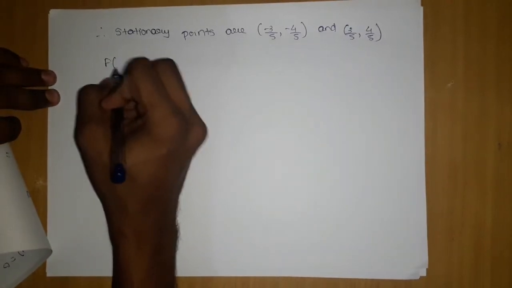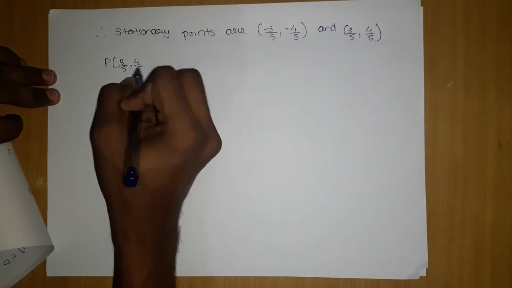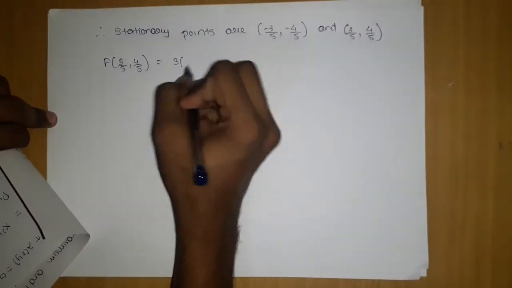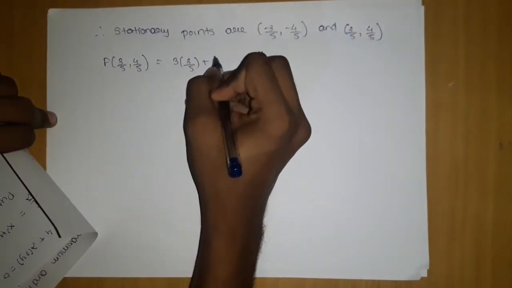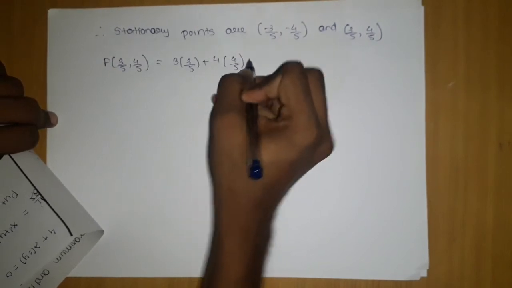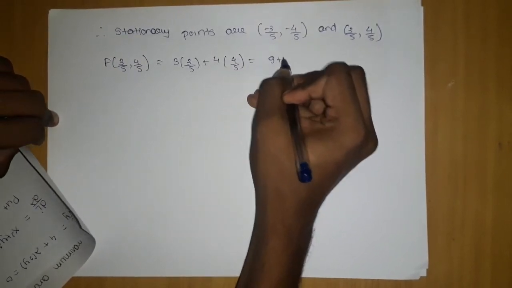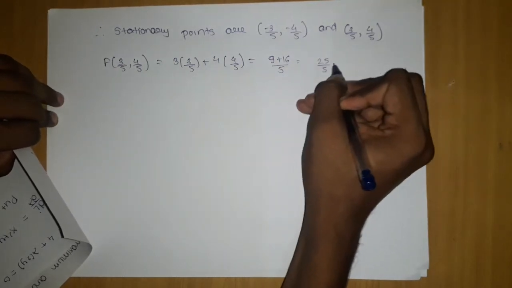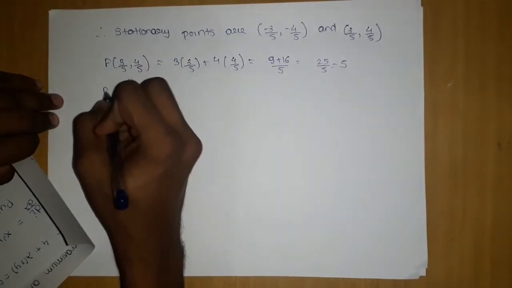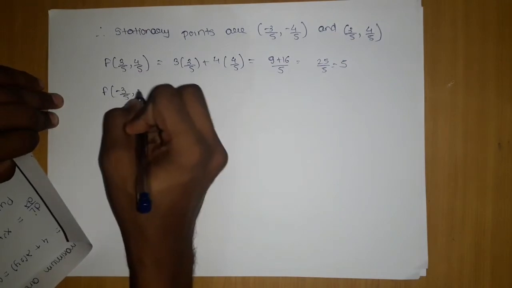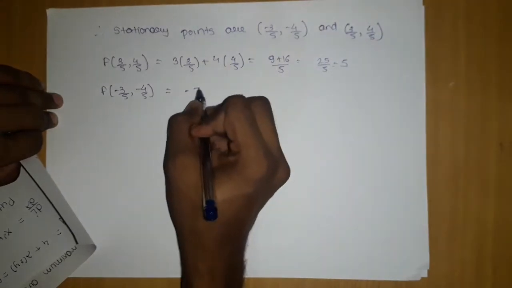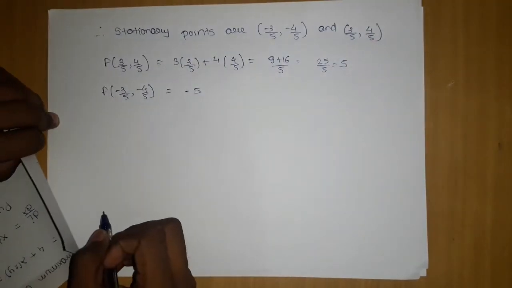So f of 3 by 5 comma 4 by 5: 3 into 3 by 5 plus 4 into 4 by 5 is 9 plus 16 upon 5, which is 25 by 5, giving 5. And f of minus 3 by 5 comma minus 4 by 5 gives minus 5.